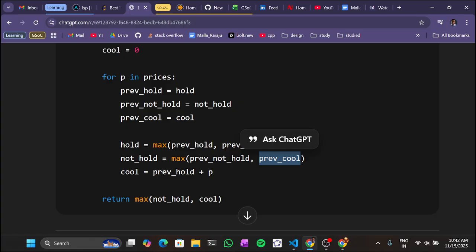Wait a minute. If you choose not to hold now, that means either you are not holding previously, or you are holding previously onto something and just sold it.